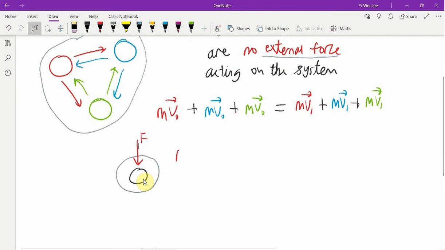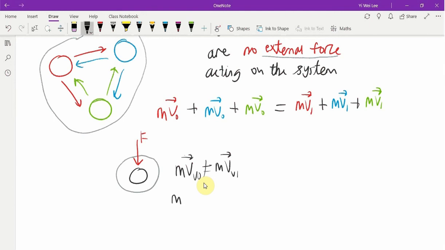It means that the mass of this particle times the vertical velocity when time equals 0 is not equal to the mass of this particle times the vertical velocity at t1 in the future.